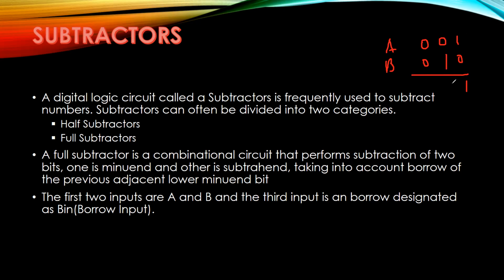We need to consider 1 with borrow 1. For the third half subtraction, it is impossible to perform subtraction. This limitation can be overcome by the full subtractor. A full subtractor is a combinational circuit used to perform subtraction among 3 bits.